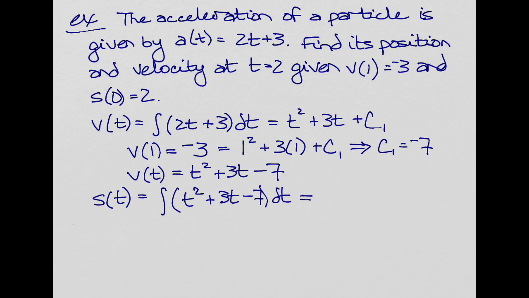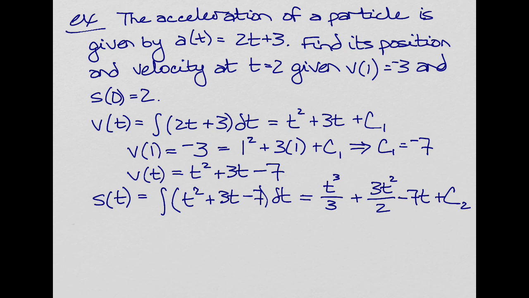The integral of t squared is 1/3 t cubed. The integral of 3t is 1/2 t squared times 3. Like that. Integral of -7 is -7t. And I'm going to have another constant of integration, and I don't expect it to be the same as the first one, so I'm going to give it a different name, C2.